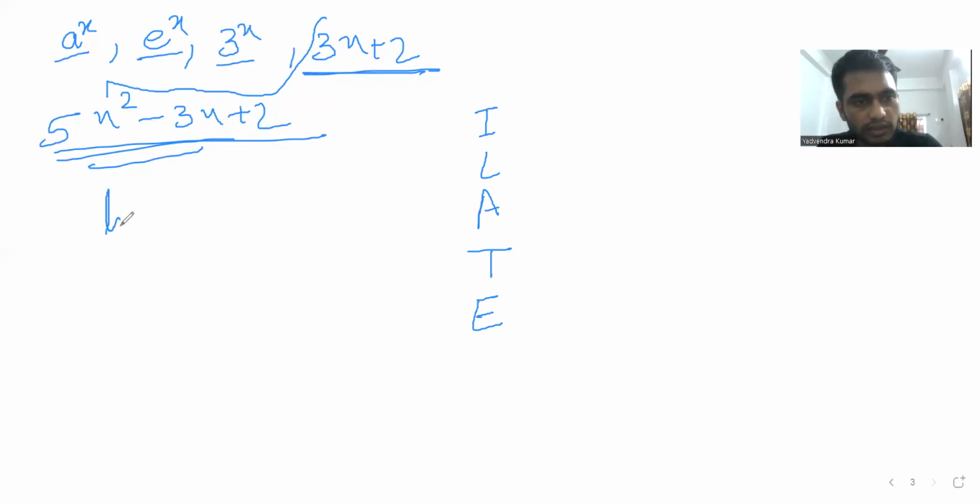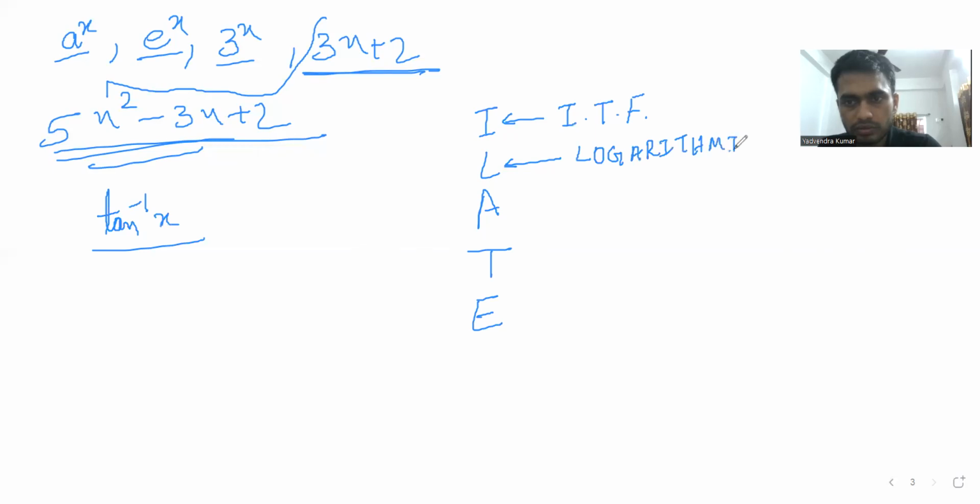If we are given tan inverse x, this is an inverse trigonometric function. So I is inverse trigonometric functions, and L means logarithmic functions. A means algebraic functions.